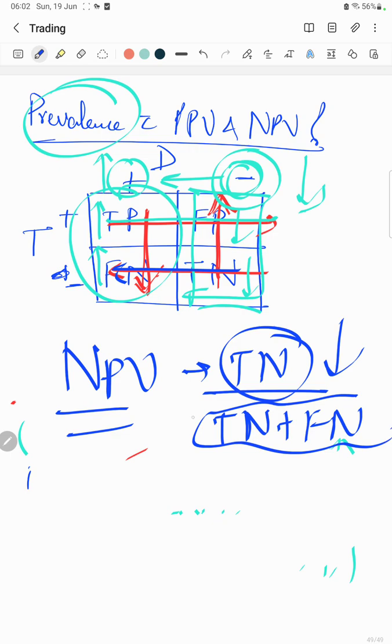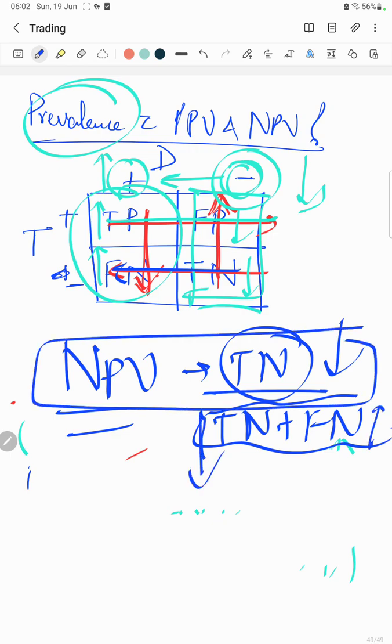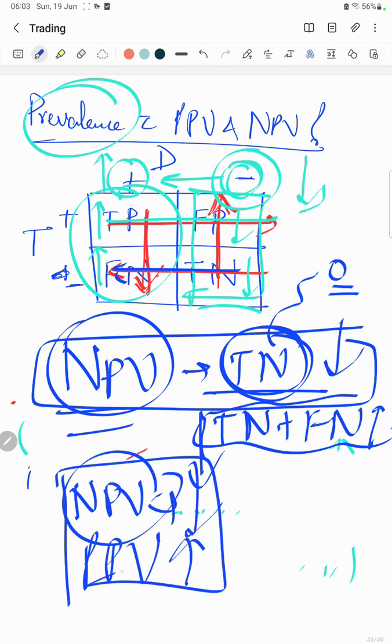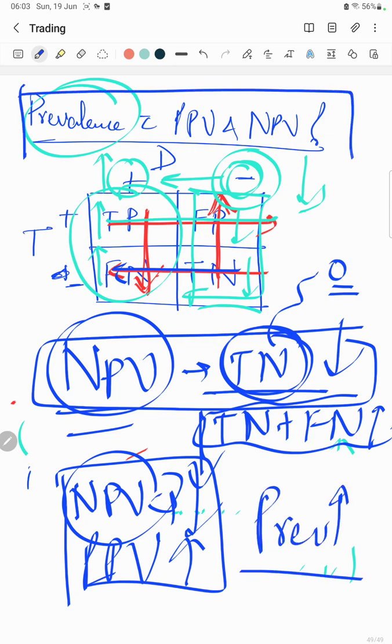This value could be rectified because one goes down, one goes up. Overall TN goes down. Now the true negative nearly goes to 0, so the NPV nearly goes to 0 as well. Anyway, NPV goes down, PPV goes up, and this is when the prevalence of the disease is high. And that wraps up your discussion on the correlation between prevalence and PPV and NPV.